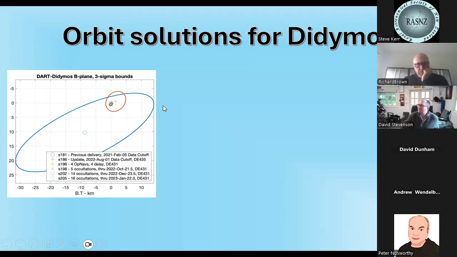All right. That blue ellipse is what the uncertainty was from just the optical observations prior to February 2021. Traditional astrometry, the scale in kilometres on the side and across the bottom.